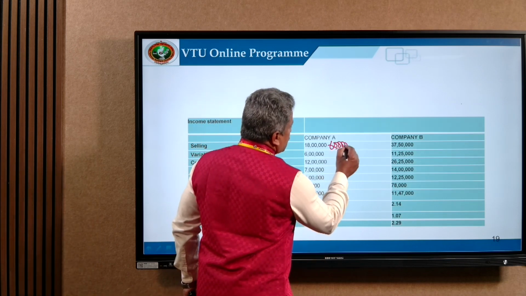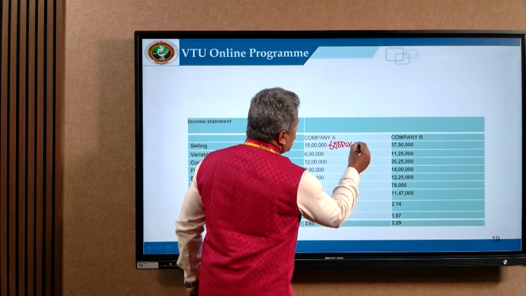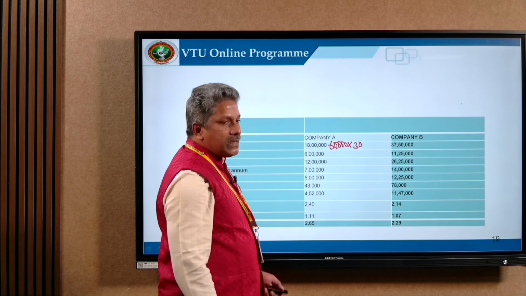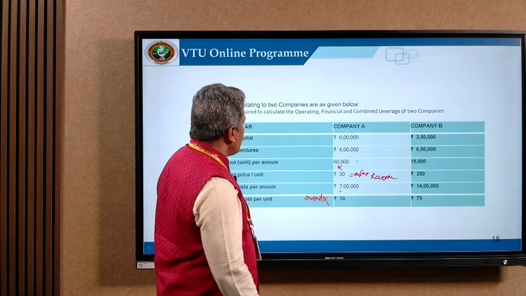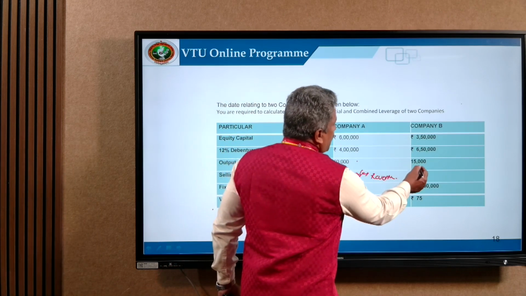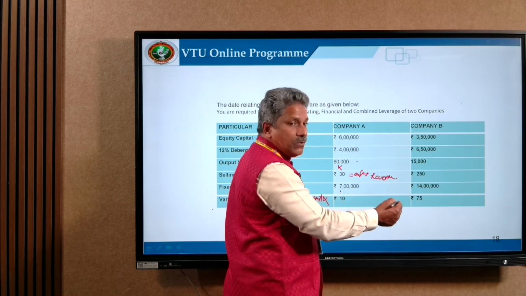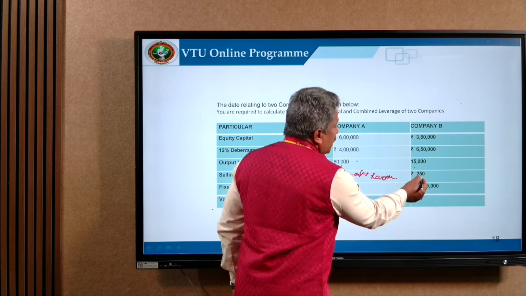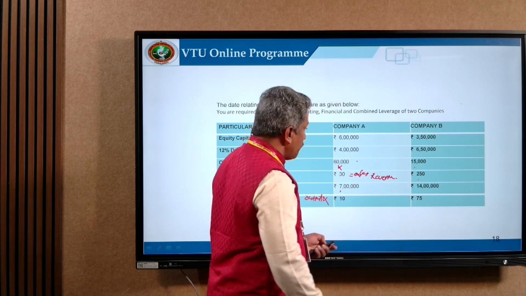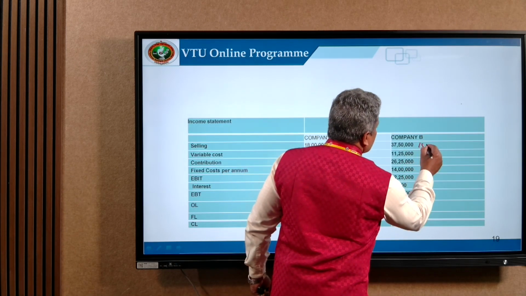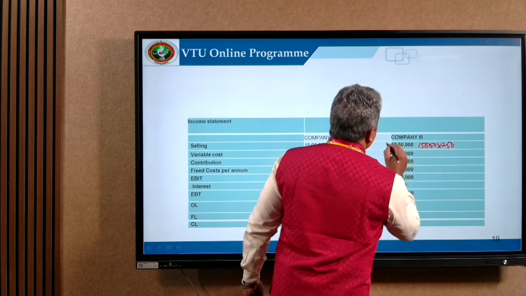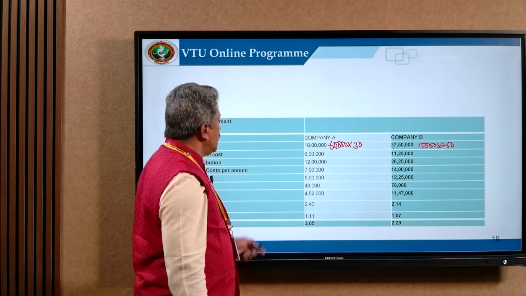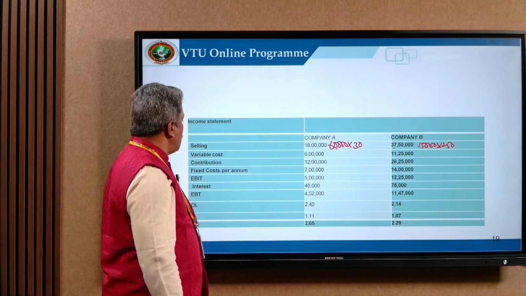So 60,000 into 30 is 18 lakh rupees, the sales revenue. Whereas in company B, output is 15,000 and selling price is 250. So 15,000 multiplied by 250 is 37 lakh 50,000. That is the sales revenue.